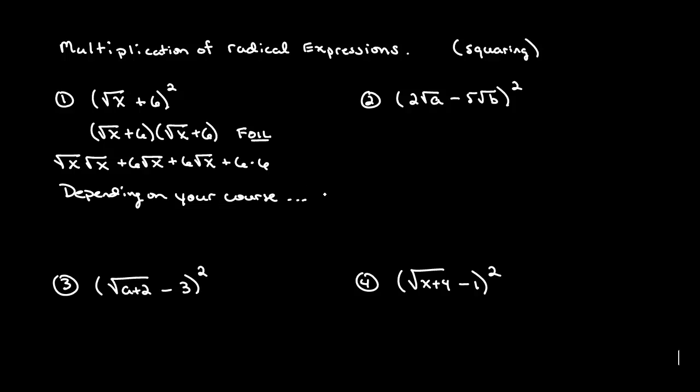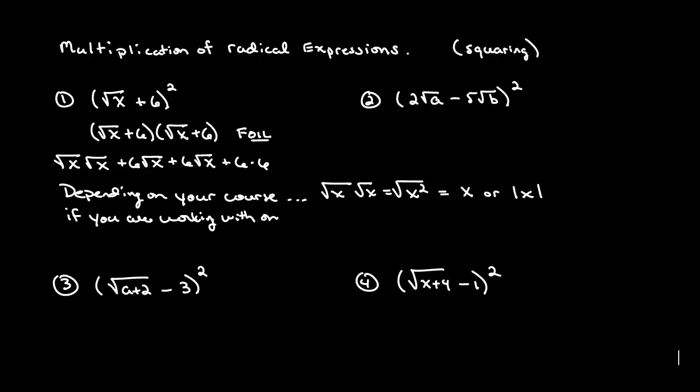depends on your course. So when we write the square root of x squared, it could be x or the absolute value of x. Now, again, in this case, it has to be just x because we already started out with the square root of x, and we know that x then has to be non-negative. However, if you're just given the square root of x squared, then you really should write the absolute value of x.